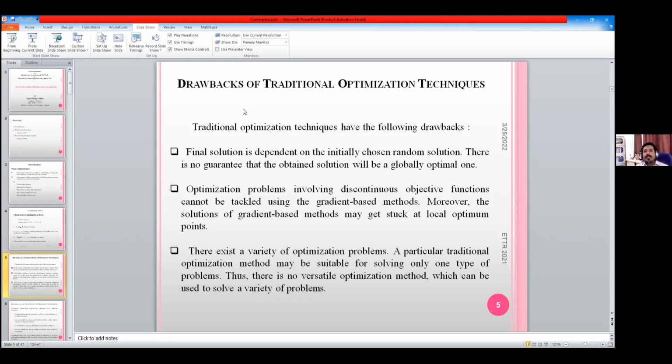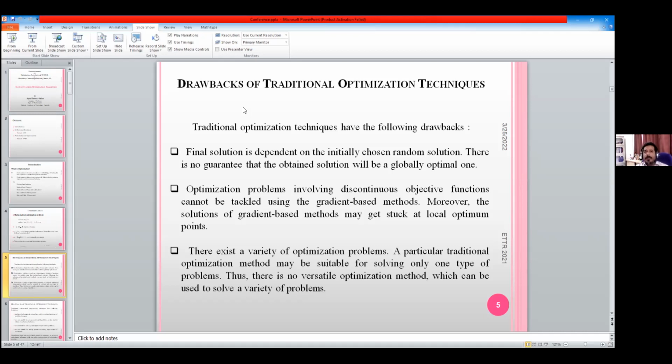But scientists wanted a more universal optimization method which can solve all types of problems. It may be unimodal or multimodal, very non-linear or linear, or any kind of problem, or even discontinuous, where we do not have gradient information, whether it is differentiable, or whether it has some continuity or some discontinuity, maybe a finite or infinite number of discontinuities.